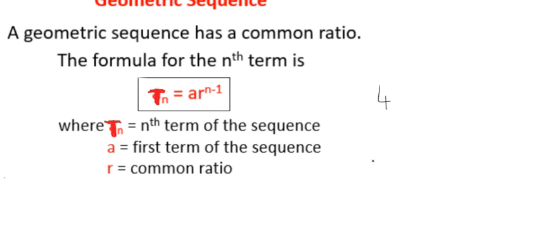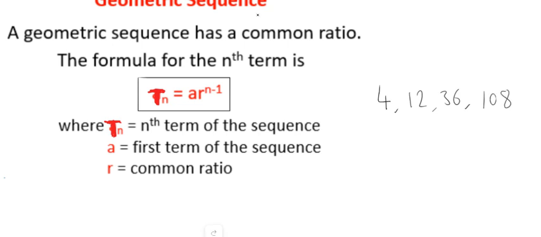If the first term is 4, the next one is 12, the next one is 36, and the next one is 108, and it keeps going.